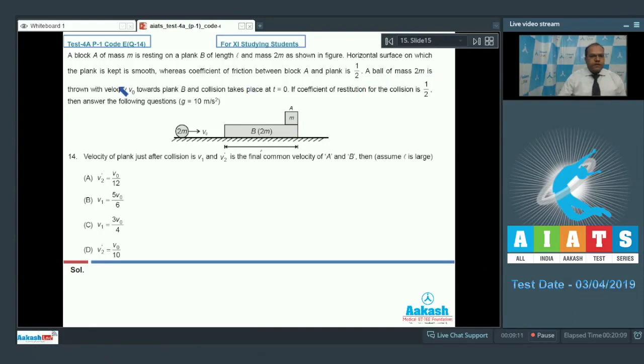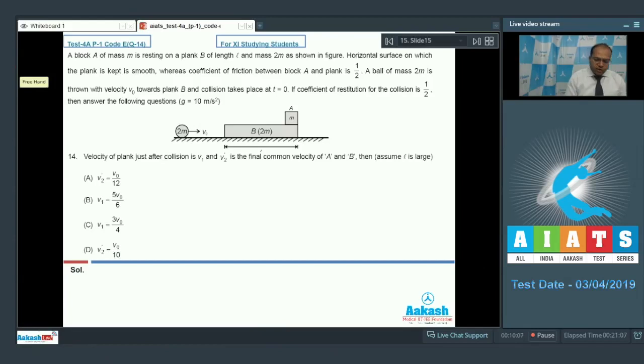A ball of mass 2m is thrown with velocity v0 towards plank B and collision takes place at t equal to 0. If coefficient of restitution for the collision is half, then answer the following questions. In question number 14, velocity of plank just after collision is v1 and v2 dash is the final common velocity of A and B. Then we have to find out the validity of given options, and we have to assume that L is to be large.